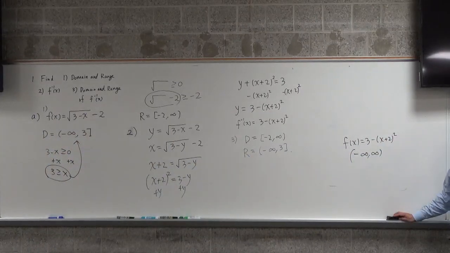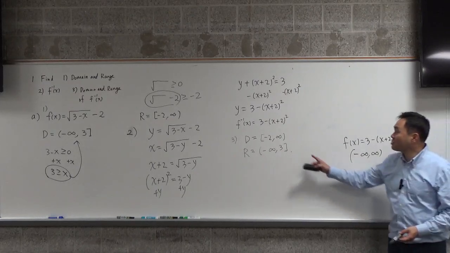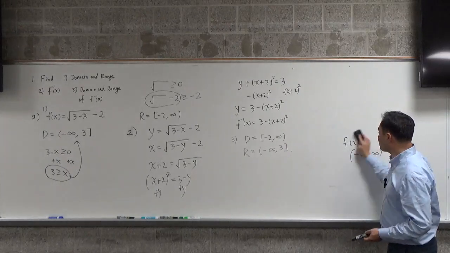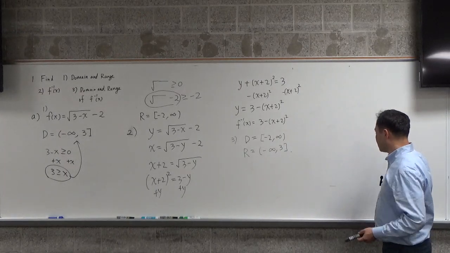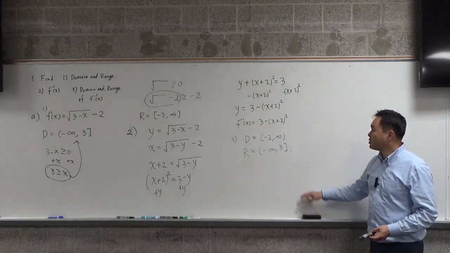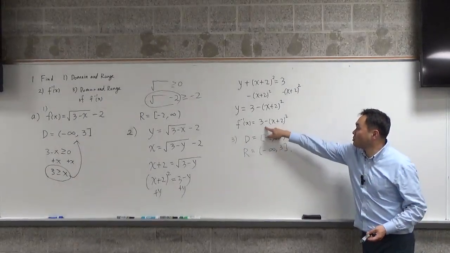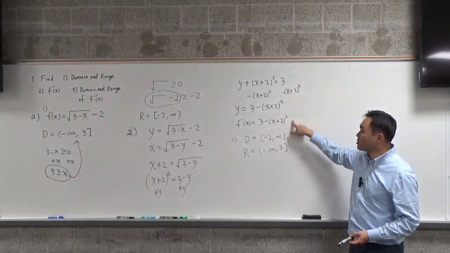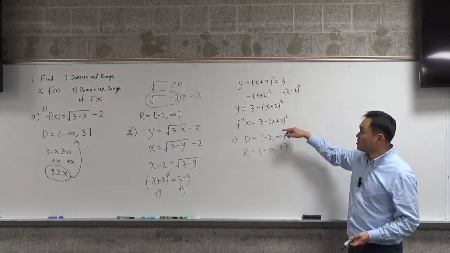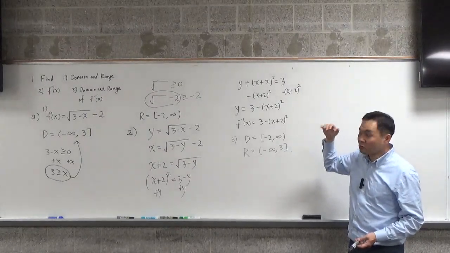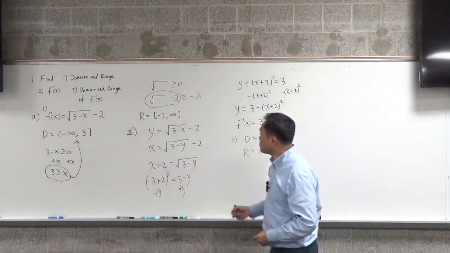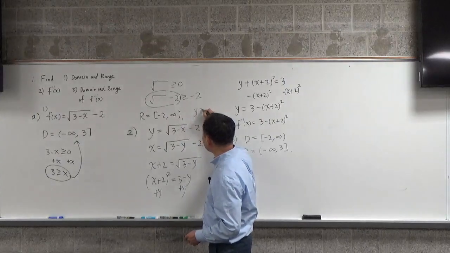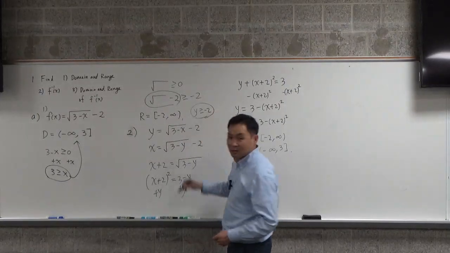So you might ask, why is it that the domain of this is restricted, right? And that's where the fine point is at. See, this is not just 3 minus x plus 2 squared. This is 3 minus x plus 2 squared with an additional restriction. What's really happening here is that this is saying that y has to be greater or equal to negative 2, right?